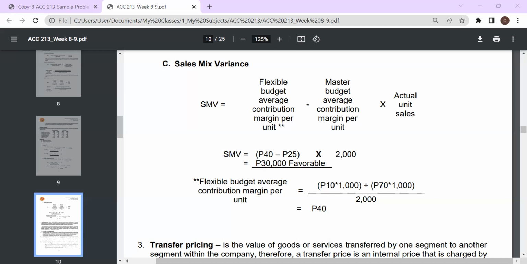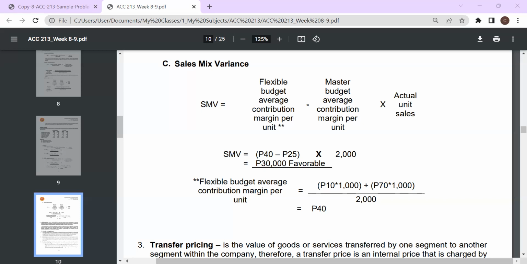Okay. So let's proceed to the second requirement, which is the sales volume naman na variance. So para ma-compute natin yung sales volume variance, we have to add muna natin lahat ng sales in units, no? Or mga sales volume ng product Zim and Zoom.